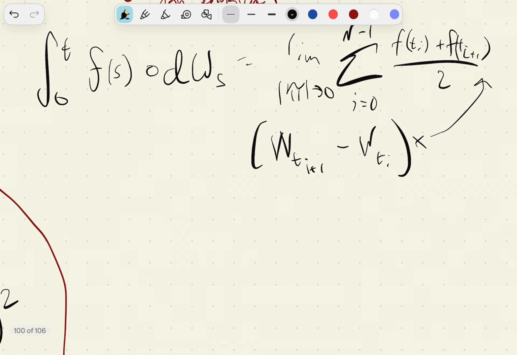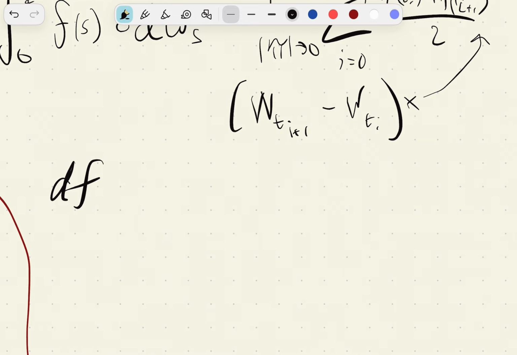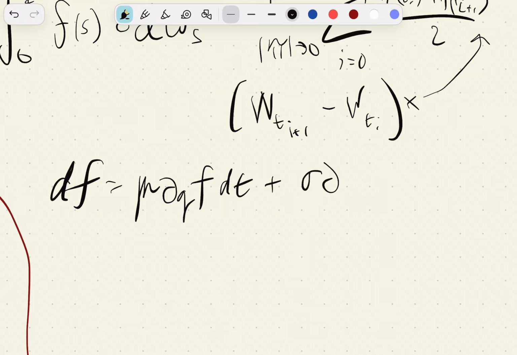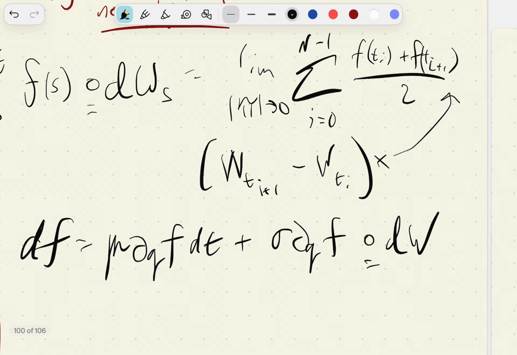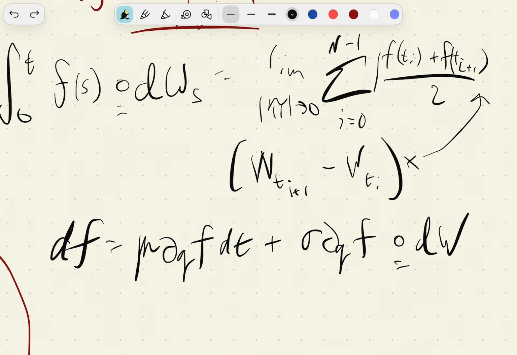So you will exactly get the generator here of the SDE to be equivalent to this. And this just represents that we're doing it in the Stratonovich sense of just taking the midpoint. All right, that's all that little circle means.